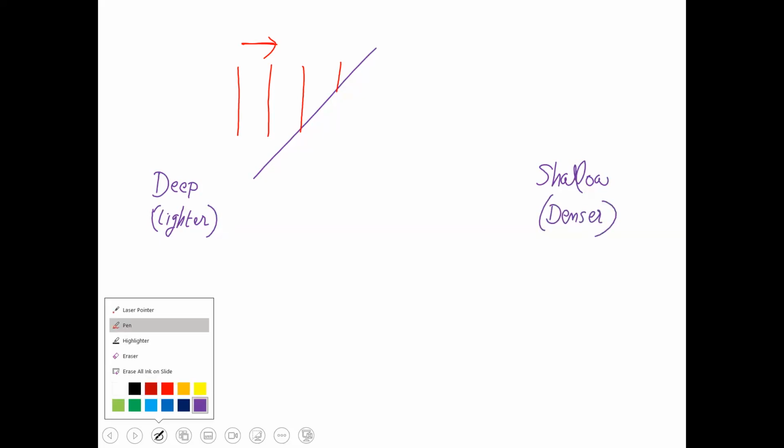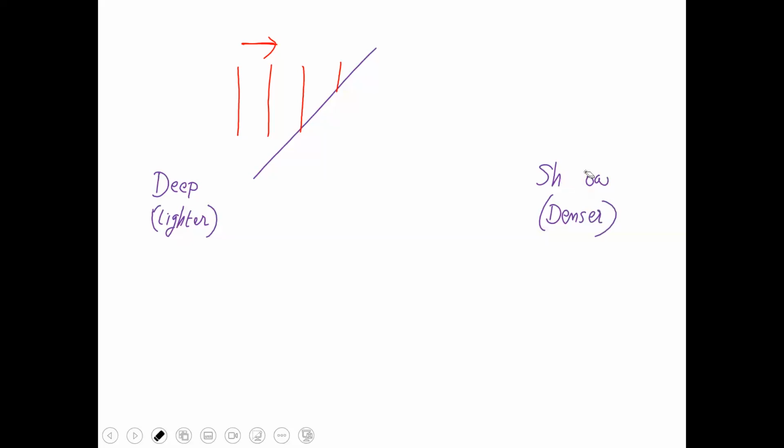Shallow medium is called the denser medium, while the deep water is the lighter medium. So waves are coming like this, and this is a boundary.